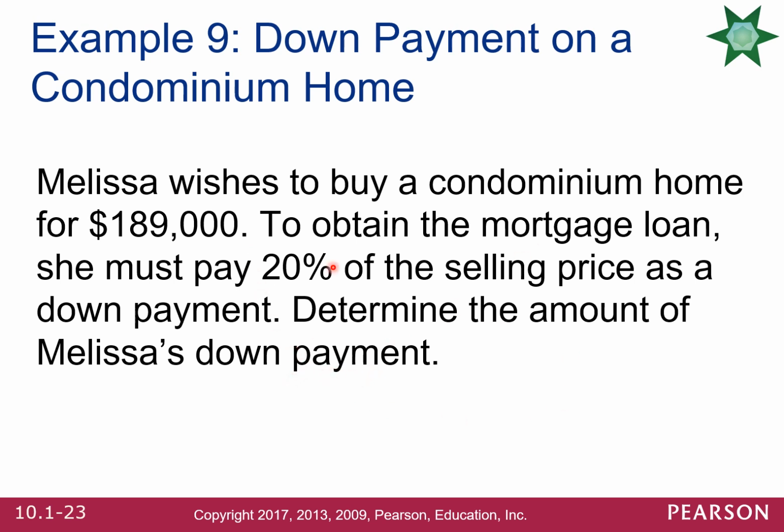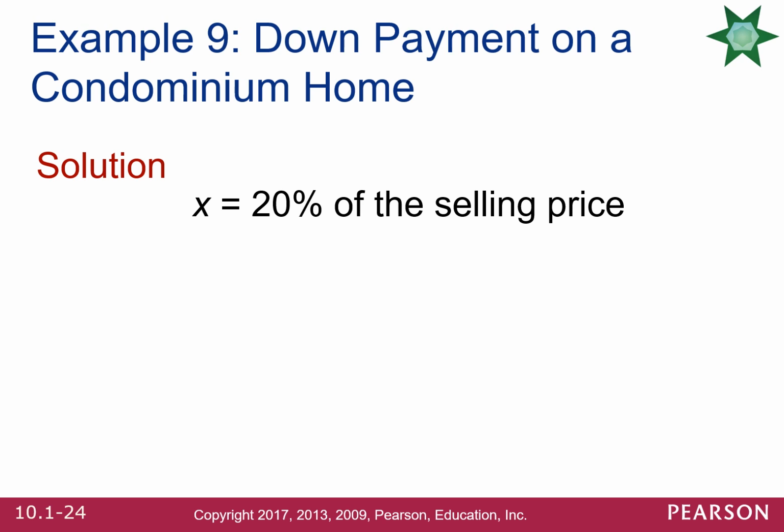So let's go on to the next slide to see how we go about solving it. Here you go. First they write x equals the value that we have to find: what is 20% of the selling price, which was 189,000.